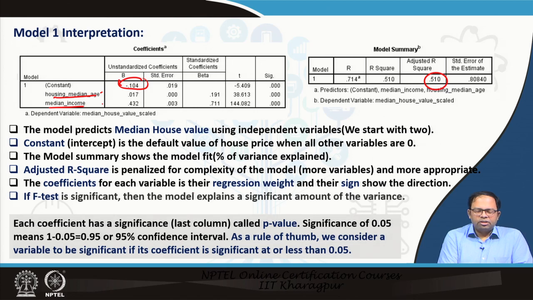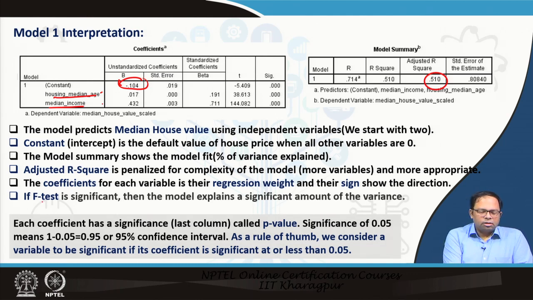The coefficients for each variable are their regression weights, and their sign shows the direction. That means positive or negative determines what influence it has on the dependent variable. If the coefficient is negative, that means when the independent variable increases, the dependent variable decreases, and vice versa.